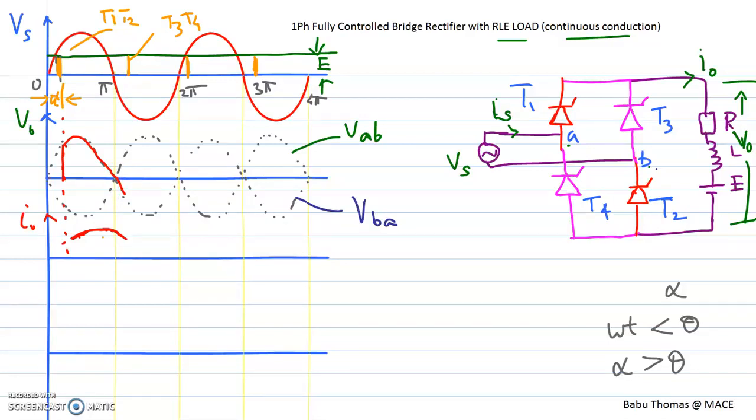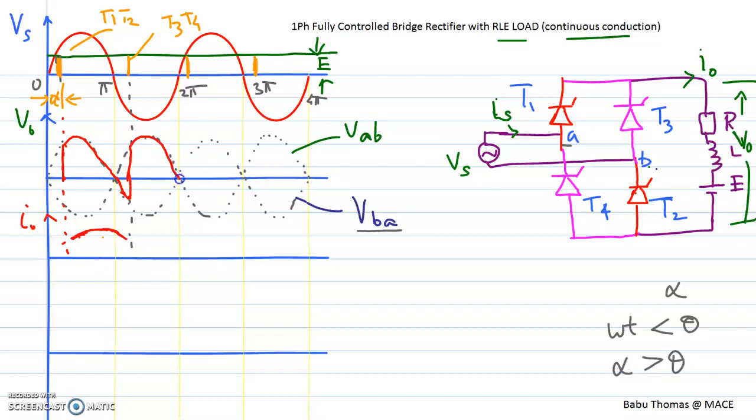Again at an angle omega t equal to pi plus alpha, I am in a condition to fire the thyristors T3 and T4. So there we will be using this VBA. That becomes VB positive with respect to VA, and therefore the output voltage will be following the VBA waveform which you have plotted down.